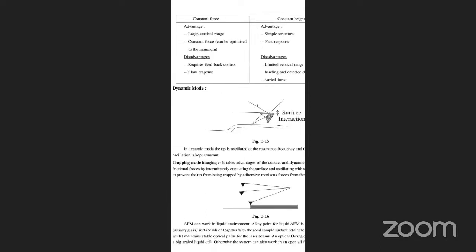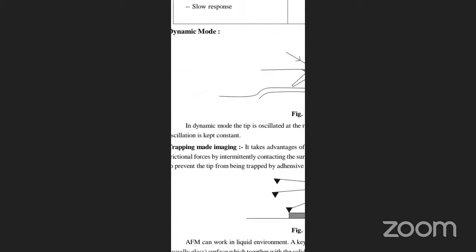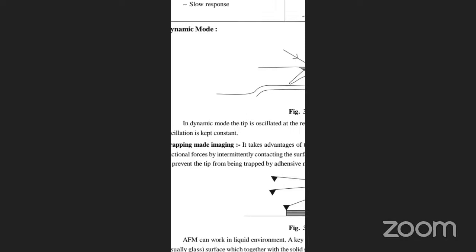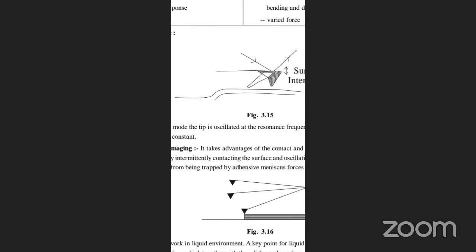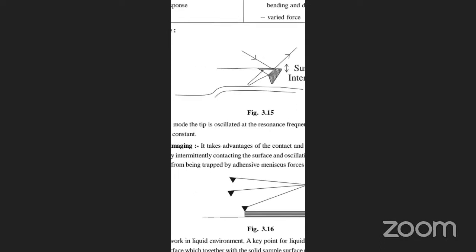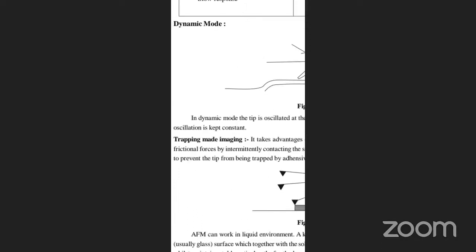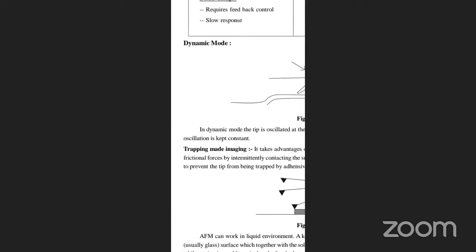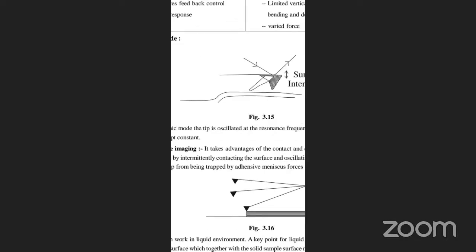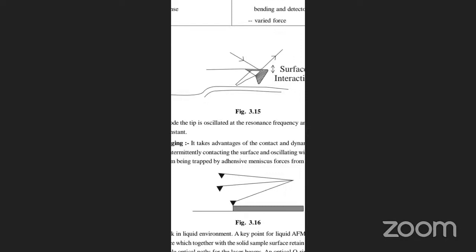Dynamic mode surface interaction. In the dynamic mode, the tip is oscillated at the resonant frequency, and the amplitude of the oscillation is kept constant.